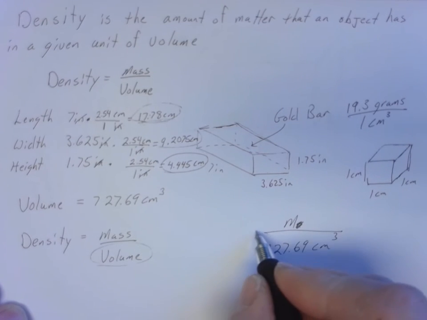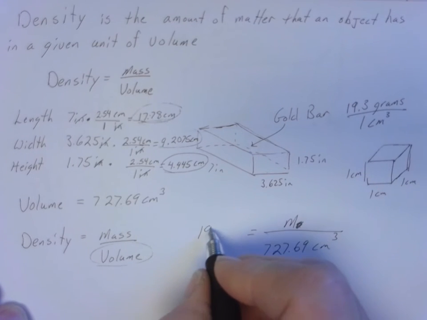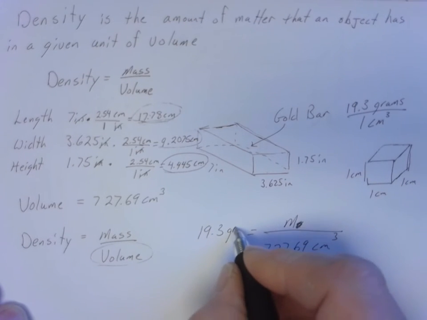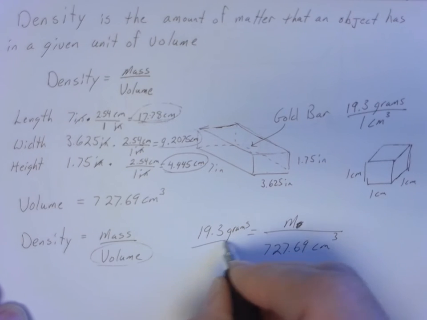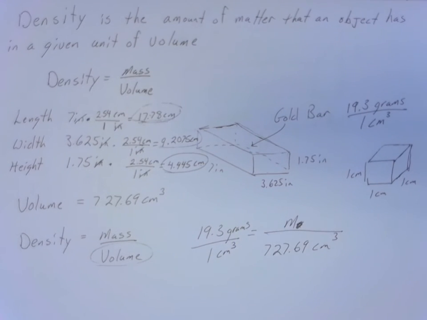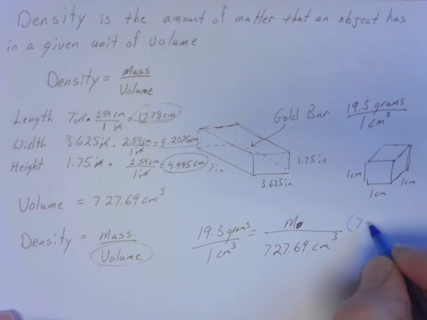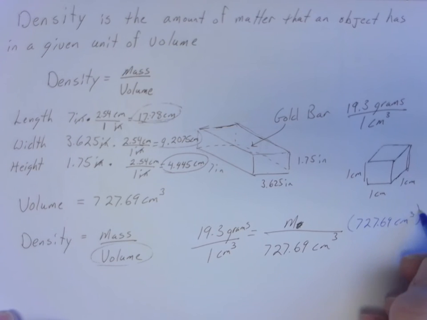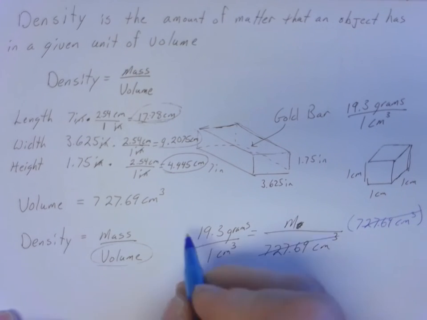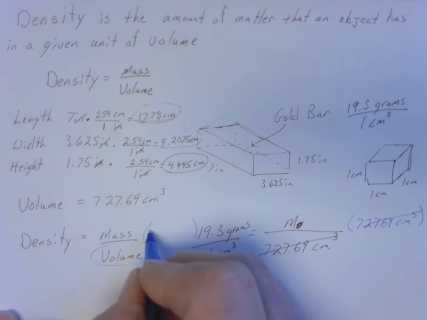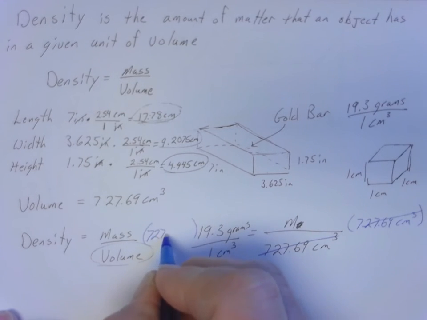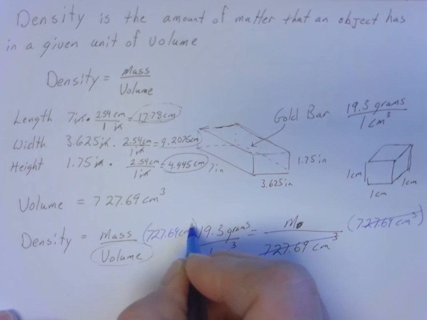We don't know the mass, so that's what we're looking for. I'll just use m for our variable. And we do know the density is 19.3 grams per cubic centimeter. So now we're just going to solve and find the mass. I multiply both sides of the equation by 727.69 cubic centimeters, so we have a cancel here, and then on this side we're going to multiply by 727.69 cubic centimeters.